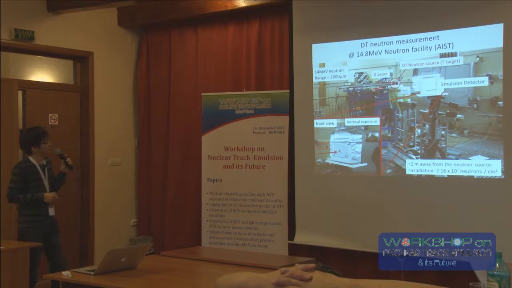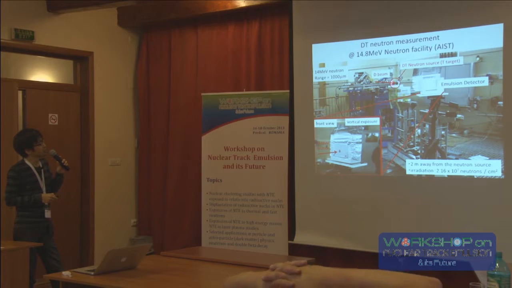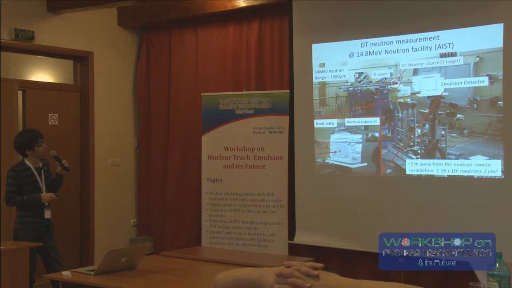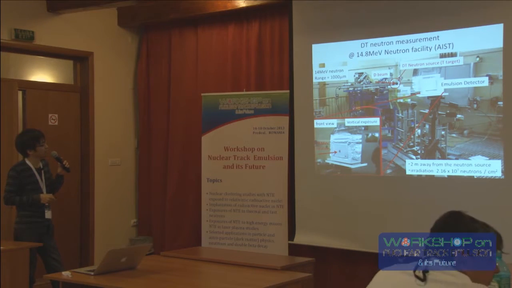This is the emulsion detector, and this is the tritium target, and the deuterium beam is exposed to the tritium target, and then the DT interaction happens in this area. So we can detect the 40 MeV neutrons by using nuclear emulsion.